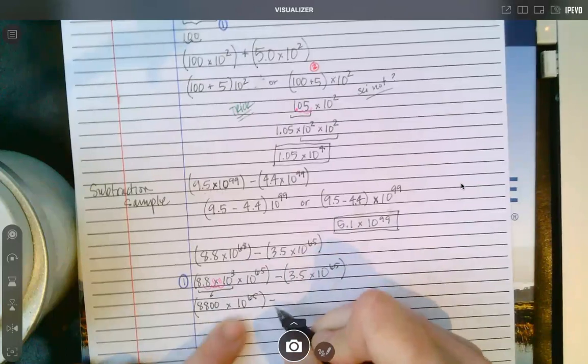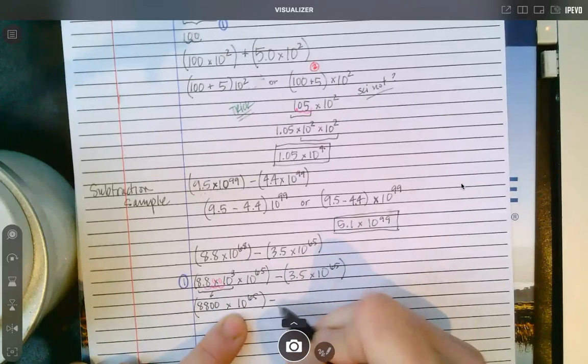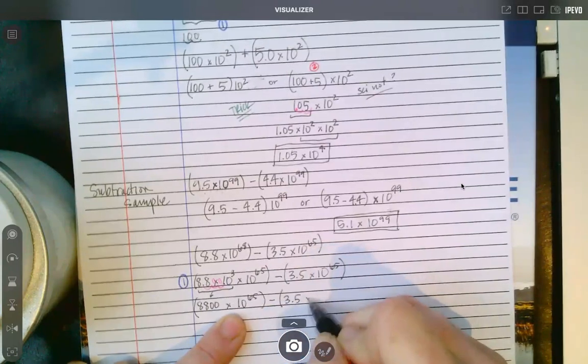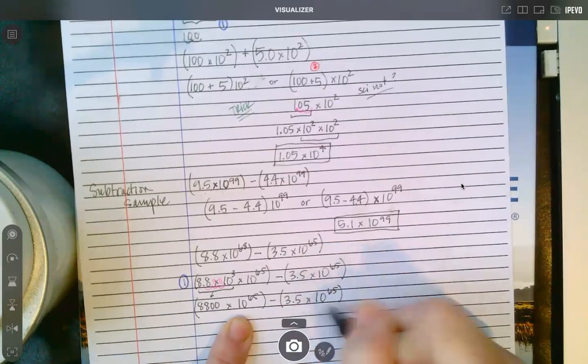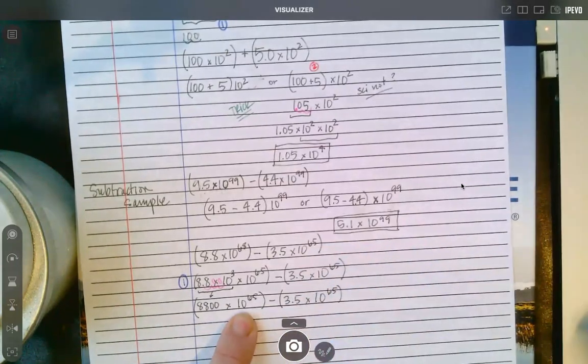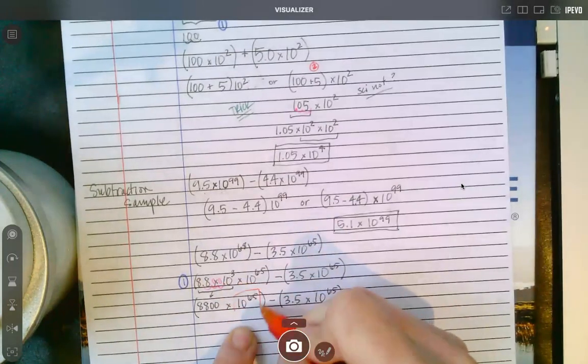And even though this isn't in scientific notation, it's going to get there. Remember that my adjustment, I'm going out of scientific notation first. Now I can factor this out, right? These two are the same, and they're both being multiplied.